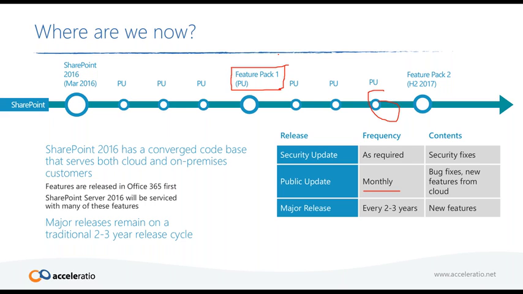There is no publicly announced date yet, as far as I know, so probably later this year you will see a new set of features being released. And then in a year or so, or probably in 2019, you will see a new version of SharePoint coming out. So what's new in the feature pack?